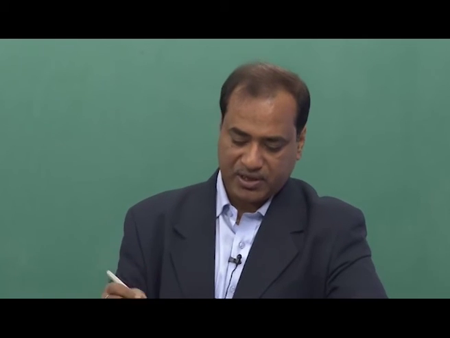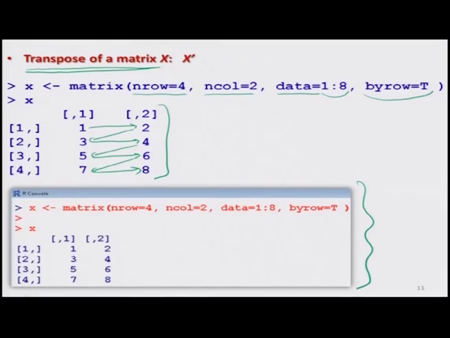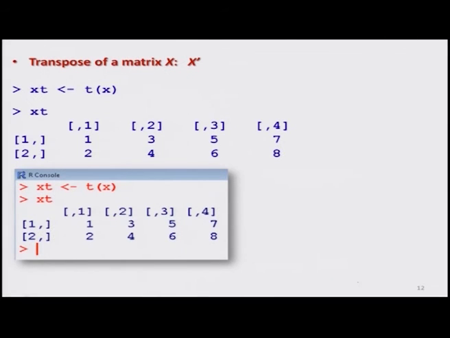So, I am considering this matrix, and this is the screenshot of the matrix. The usual symbol in mathematics to denote the transpose is X prime, which is called X transpose, or in some books they write X with a superscript capital T, which means X transpose. In order to obtain the transpose of a matrix in R, the command is t, and inside the bracket you write the matrix or the variable that contains the matrix.